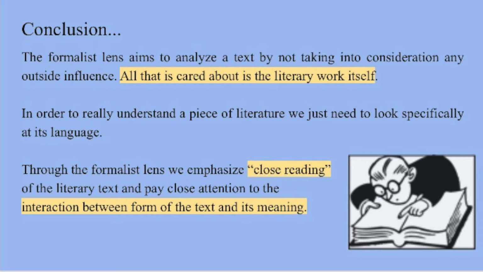And, well, through the formalist lens, it is emphasized that we use close reading of the literary texts. Now, you have to pay close attention to the interaction between the form of the text and, of course, the text's meaning.